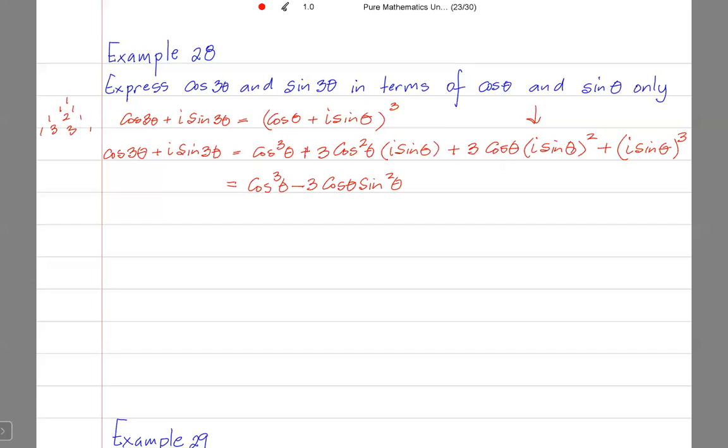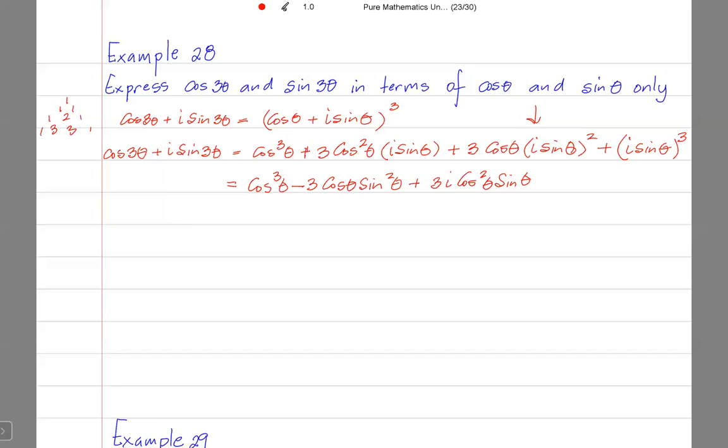All right, let's get the terms in the i's. And this is now plus 3i cos squared theta sine theta. Now, i sine theta cube, if I cube that, I'm going to end up with i cube sine cube theta.